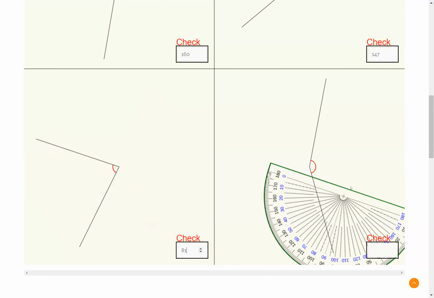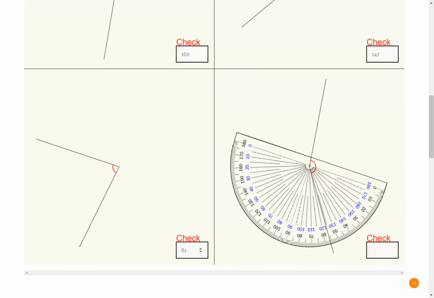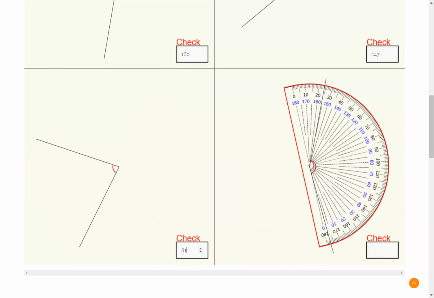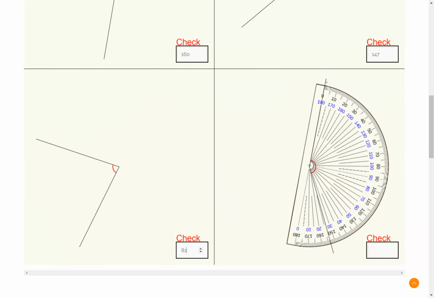And the last angle that we're going to do, let's try the black again. That's the top numbers, and I want to align this side with 0. Make sure my vertex is inside of that hole on the protractor, and go around the top until I get to the other side of my angle.